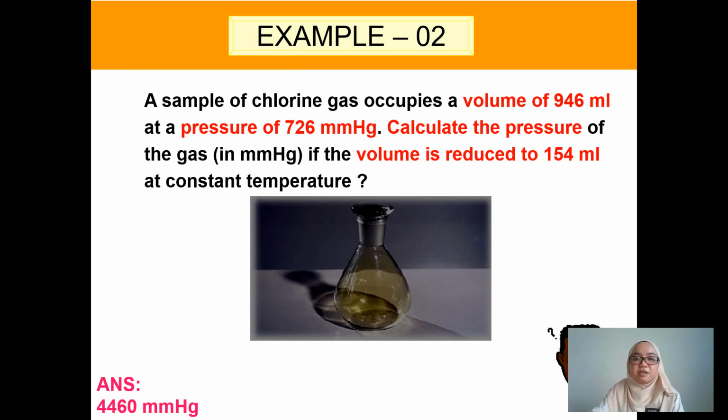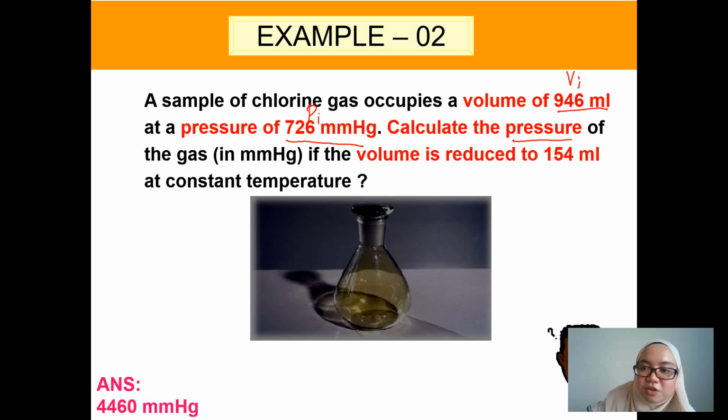So this is an example of a question. Look at this. A sample of chlorine gas has a volume of 946 mL at a pressure of 736 mmHg. Calculate the pressure of the gas if the volume is reduced to 154 mL. So we know that this is the initial volume and this is the initial pressure.